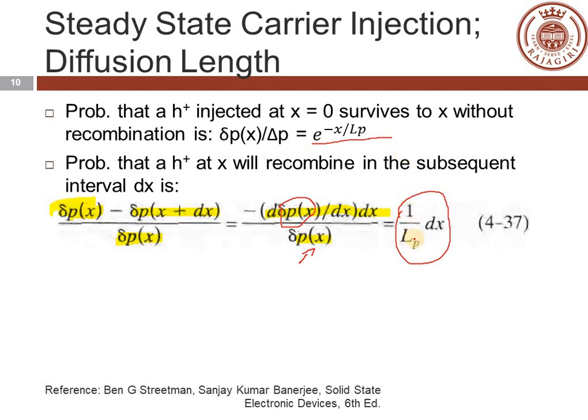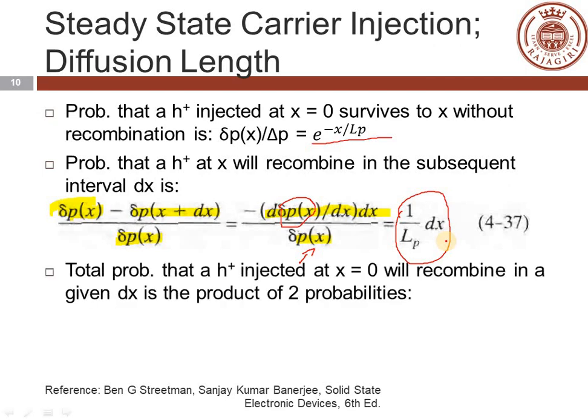So that probability is 1 by lp into dx. So the total probability that a hole injected at x equal to 0 will recombine in a given dx is the product of these two probabilities, that is e to the power minus x by lp into 1 by lp dx. So you can write that as 1 by lp into e to the power minus x by lp dx.